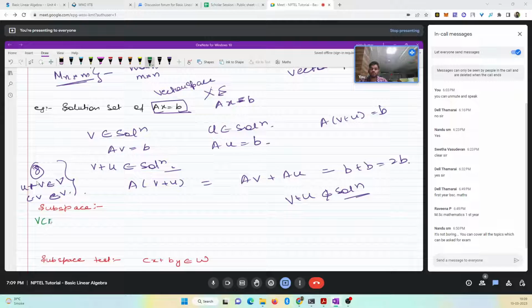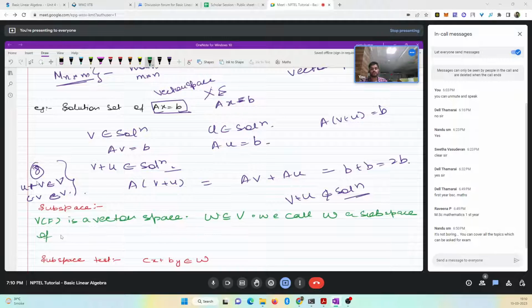Let's say V over F is a vector space and W is a subset of V. We call W a subspace of V if W is a vector space under the same operations.